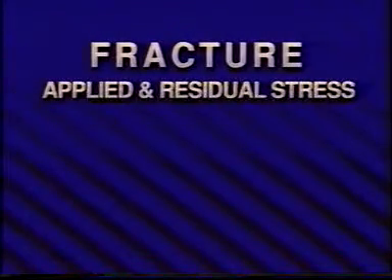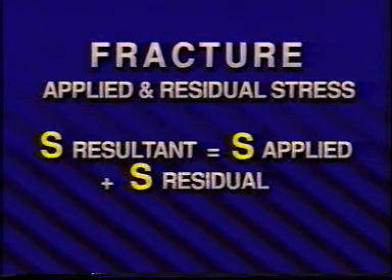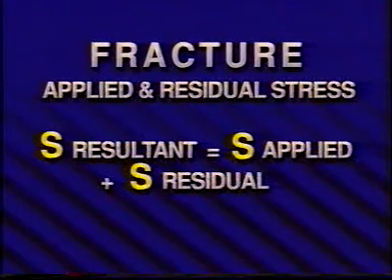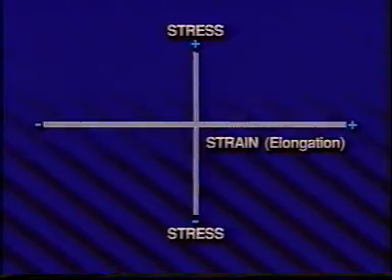In reality, most fractures of moderate to high strength metals are caused by a combination of both residual and applied stress. The resultant stress on any part or component is the algebraic sum of both the applied and residual stress. Either type of stress, applied or residual, can be positive or negative.